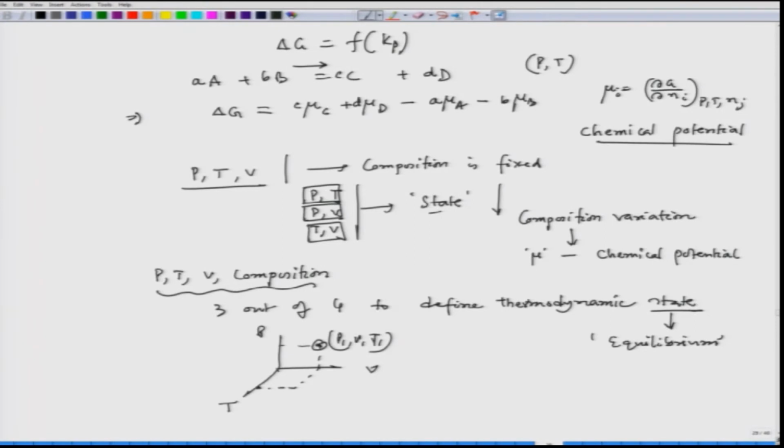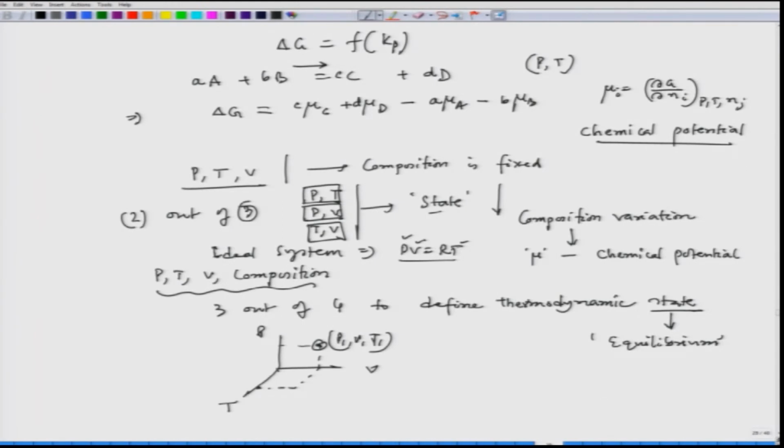So, this coordinate we have to fix. In this case, we see that 2 parameters out of 3 are needed. Since we have an equation of state in the case of an ideal system, PV equal to RT, if we fix P and V, then T is automatically fixed because this relation has to be maintained.